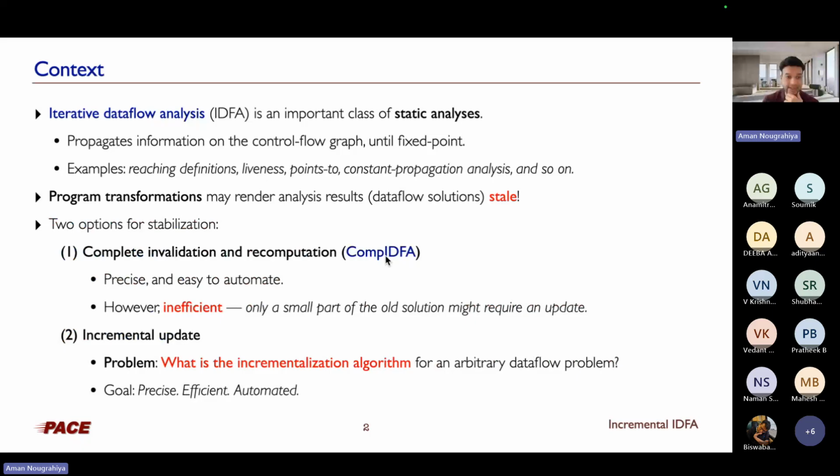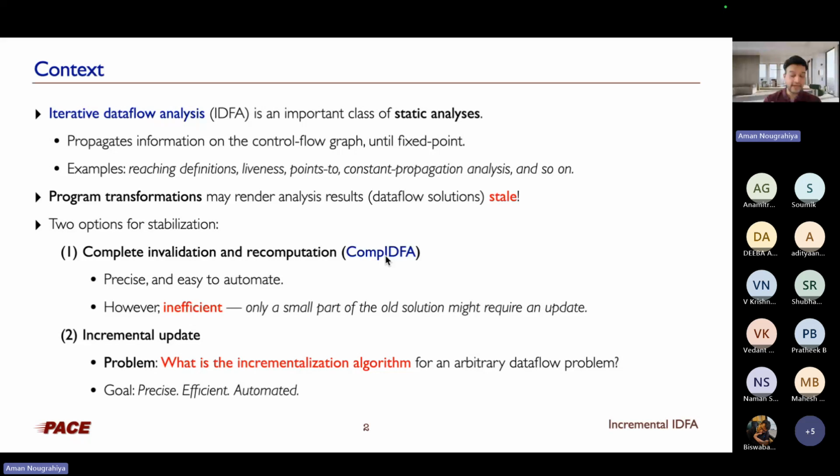First is if we completely invalidate the data flow information and then recompute it from scratch. And the second approach is if we incrementally update the data flow solution given the set of program changes. The first option is precise and very easy to automate. However, it is clearly inefficient because most of the time the program changes might be very small and only a small part of the old solution might be impacted and might require an update.